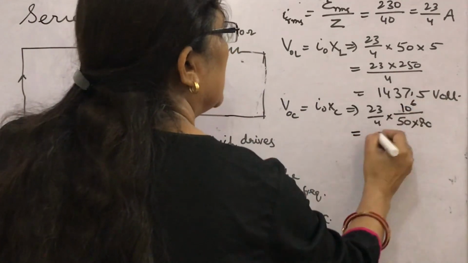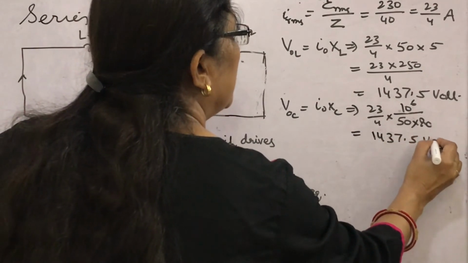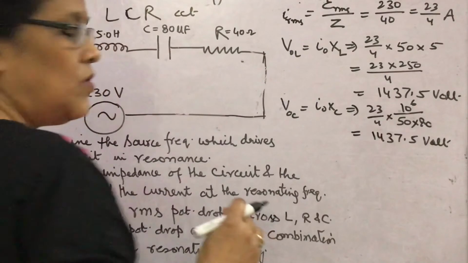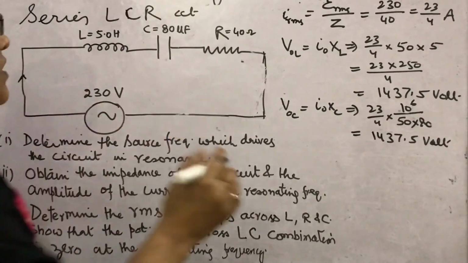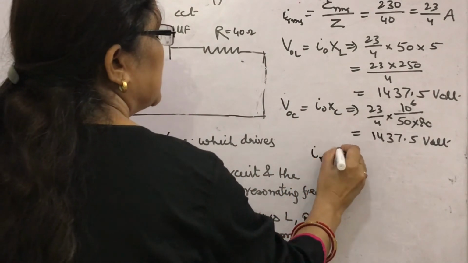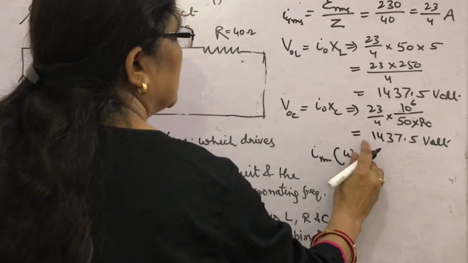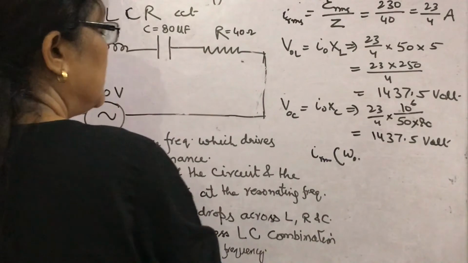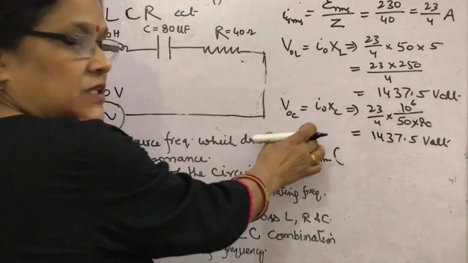You will find the same value, 1437.5 volt. What will you observe here? The potential difference across the LC combination, that will be I RMS omega naught, this across L and this across C.